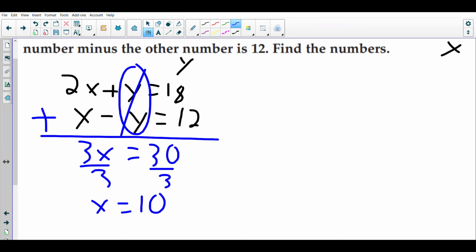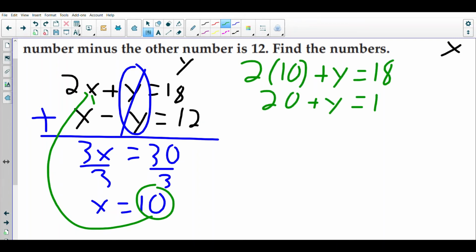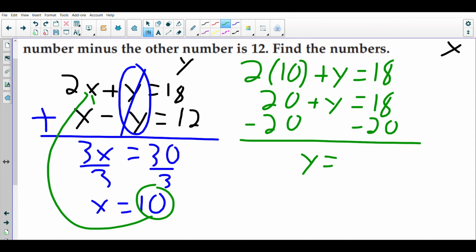I'm going to plug it into the easier one where I don't have to do any dividing. So 2 times 10 plus y is equal to 18. So I get 20 plus y is equal to 18. Subtract 20. So I get y is equal to negative 2.